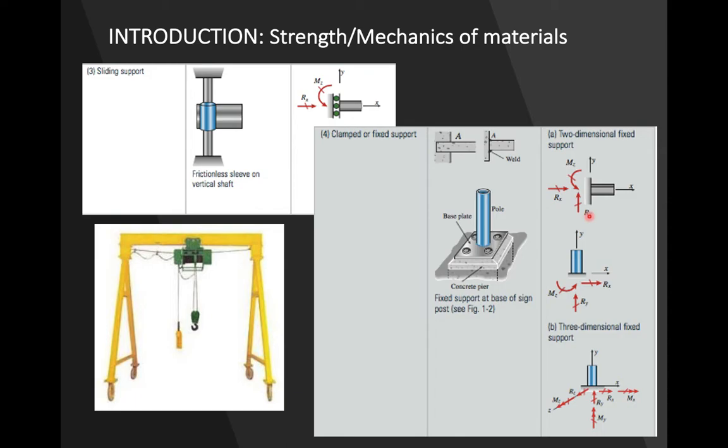If you are analyzing in three dimensions, then there will be six support reactions at one end: three translation and three moment reactions. When we analyze those things, it will become more clear to you how we will analyze them, and how you will imagine and assume those support reactions over there.